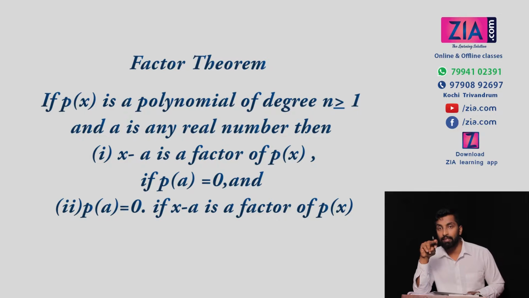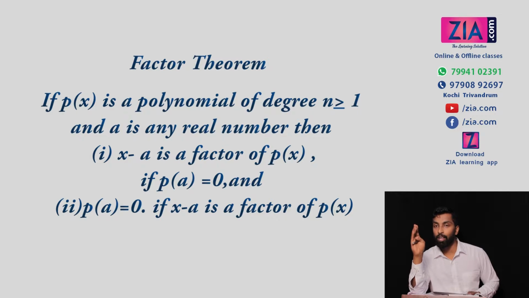Or the opposite way is, you have a polynomial p of x with degree greater than or equal to 1, and you have a divisor x minus a. If this x minus a is a factor of p of x, you will get remainder 0. So two ways. What are the two ways? First line remains the same in both cases. p of x is a polynomial where the degree is greater than or equal to 1.